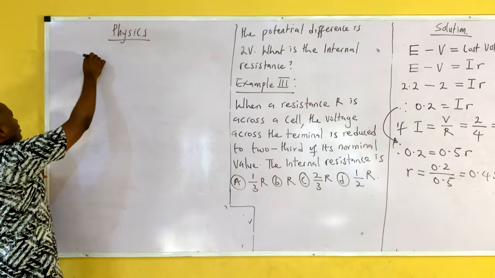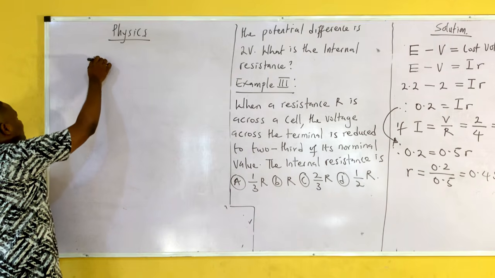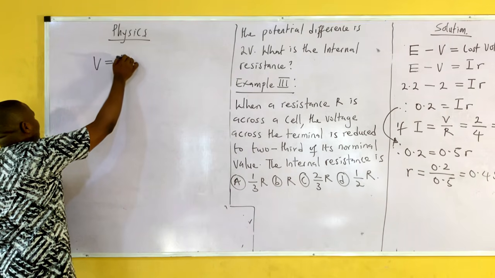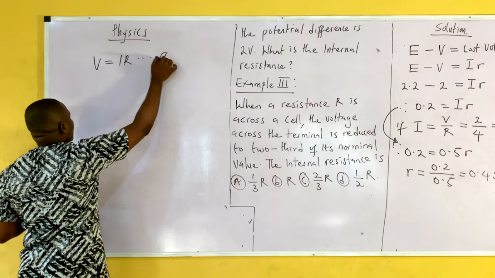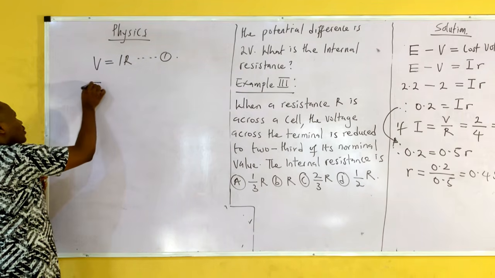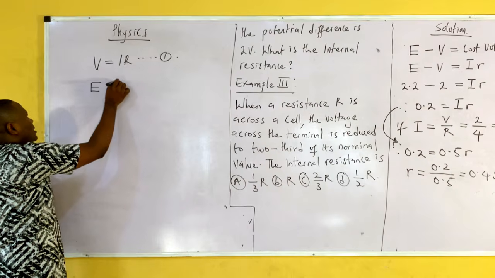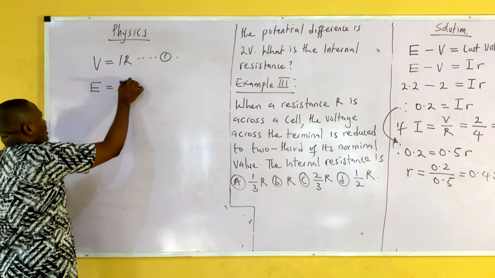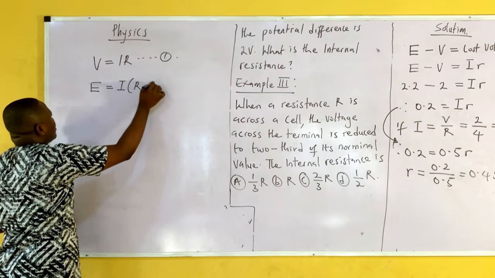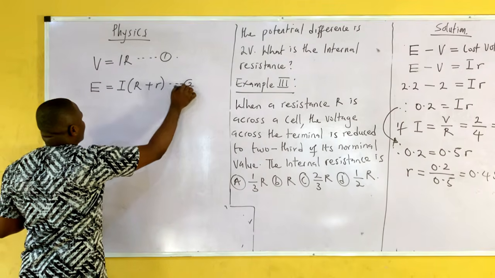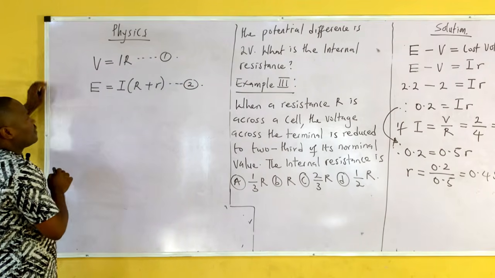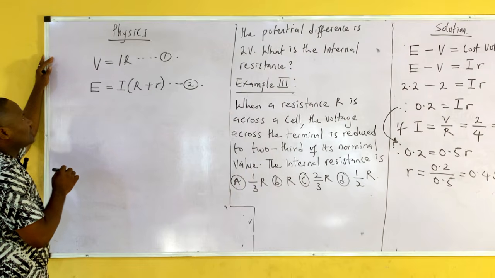I want you to take note that V is equal to IR, very important, equation 1. Then we also have E is equal to I(R plus r), equation 2. Take note of these two equations. Very important.